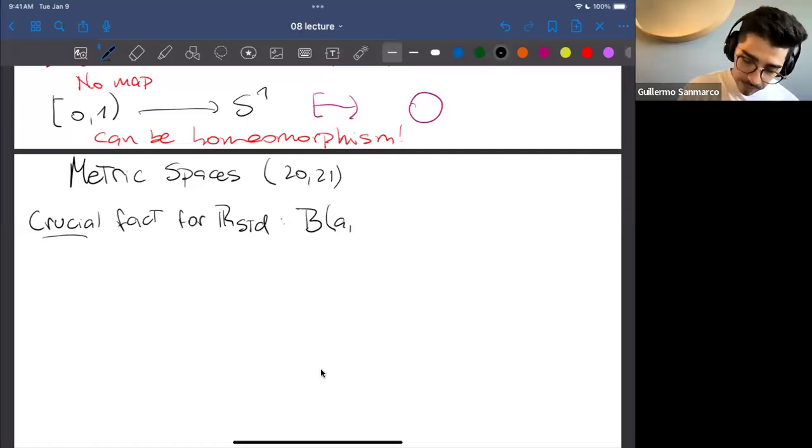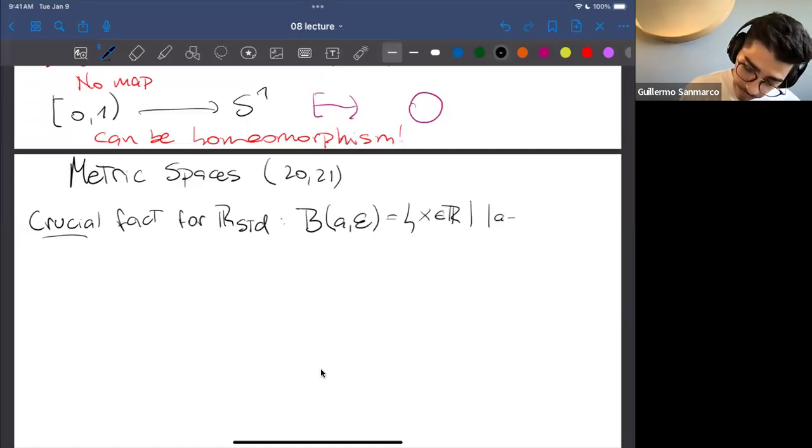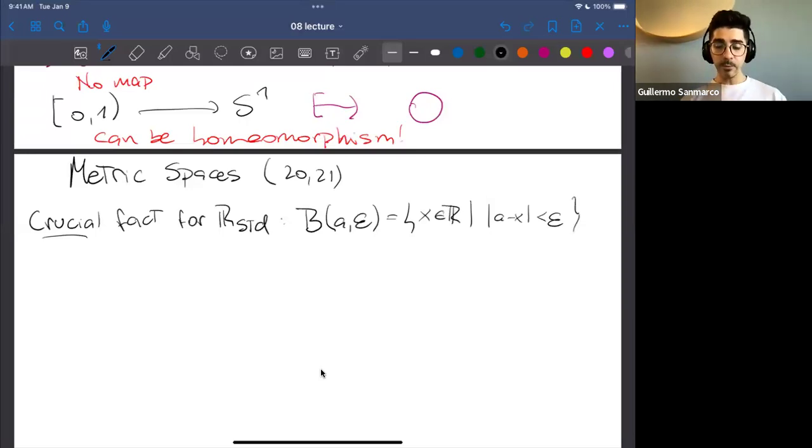The ball with center a and radius epsilon is by definition all real points which are at a distance less than epsilon from a. We use these balls to define the standard topology.